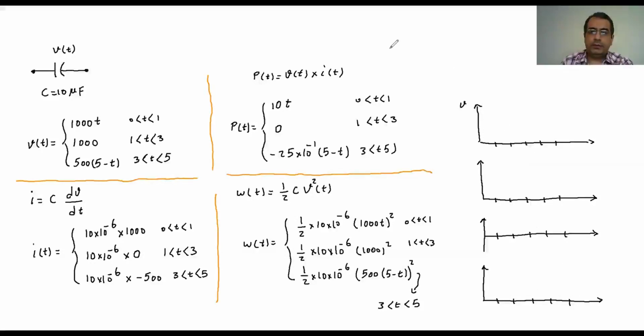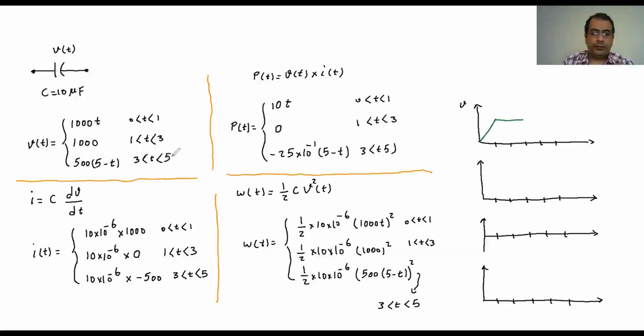So for the voltage, what we have here is 1000 T. So when T is 0, it's going to be 1000. So it goes up to 1000. Then it's going to stay between 1 and 3 at 1000. And then it goes back to 0. So if you put the 3 here, 5 minus 3 is 2. 2 times 500 is 1000.